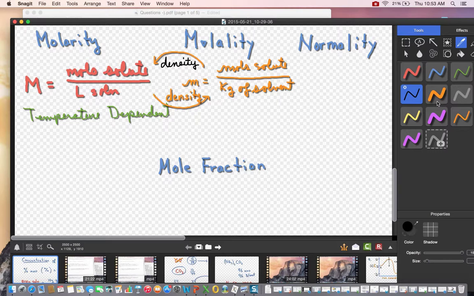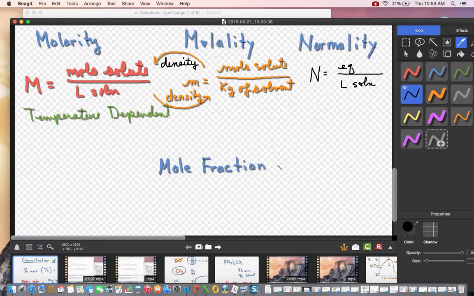Normality is almost always reserved for acids and bases, and it's really not used that much any longer. So normality, capital N, is equal to equivalents per liter of solution.